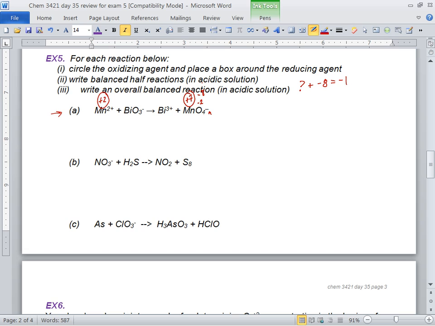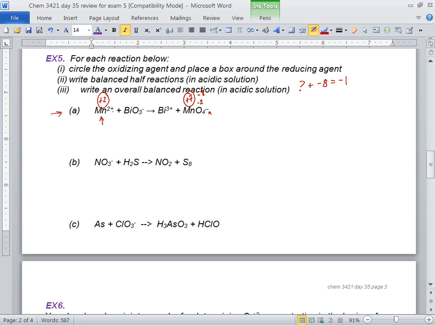Okay, so this manganese 2 ion, the only way I can remember this, Andy: when I say manganese 2, I'm talking about this guy. Manganese 2 got oxidized or reduced?